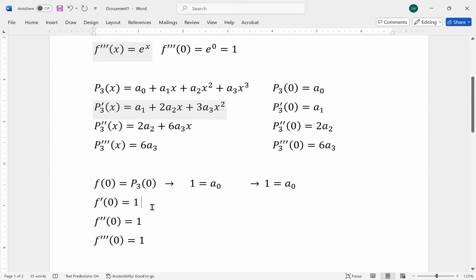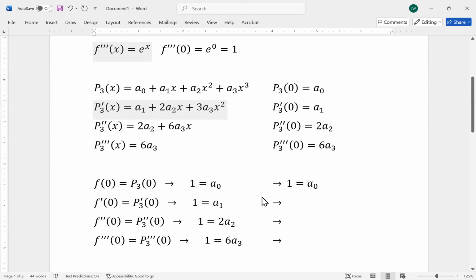Now, the same thing is true for the first, second, and third derivative. We're just going to set those equal to a1, 2a2, and 6a3 respectively. When we set f prime of 0 equal to p prime of 0, I get 1 is equal to a1. That gives me the coefficient of the x term.